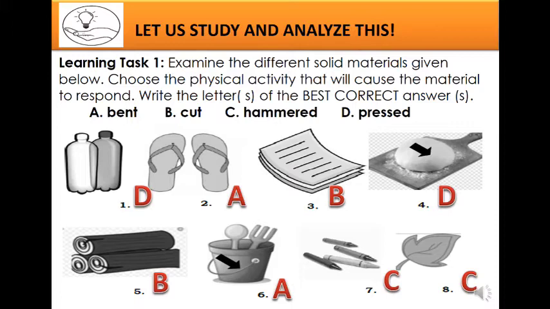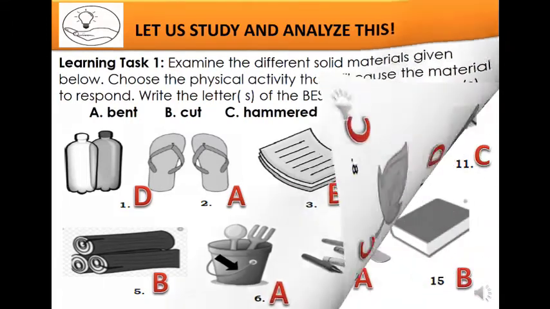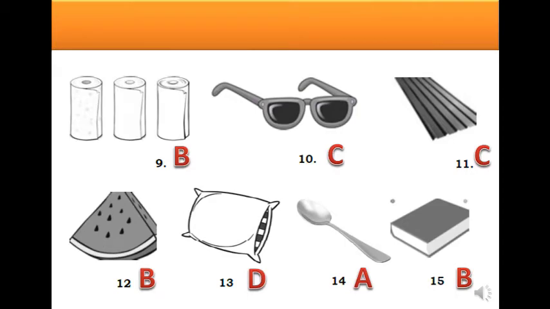Then crayons, pwedeng i-hammer, pwede ring i-cut. Then yung number 8, yung tin can na shaped into leaves, pwedeng hammered or pwede ring i-cut. So tissue paper, pwedeng i-cut. Yung number 11, that is galvanized iron, pwedeng i-hammer.